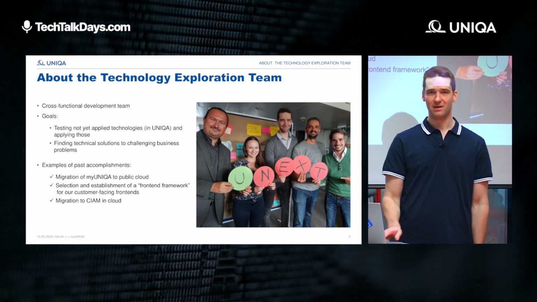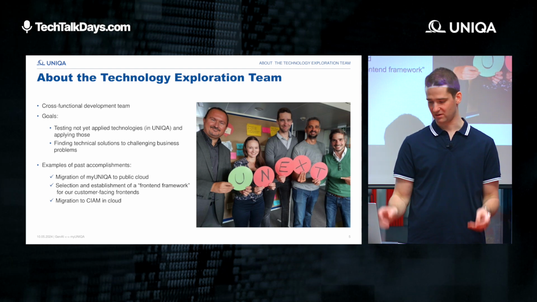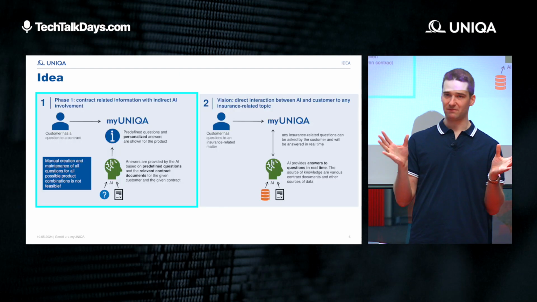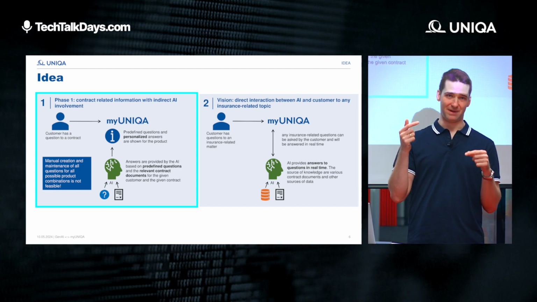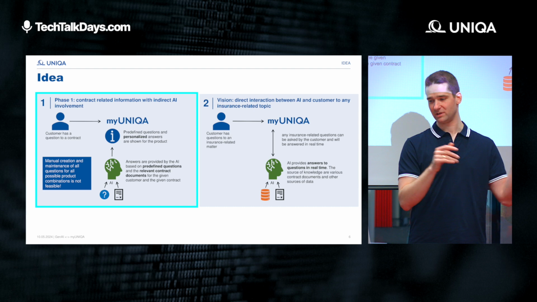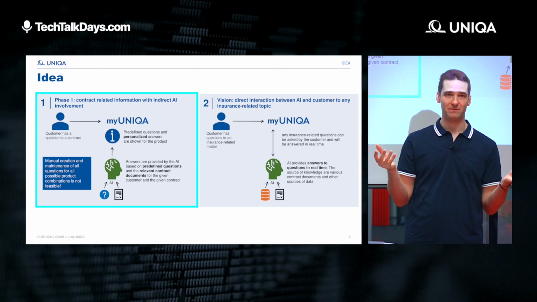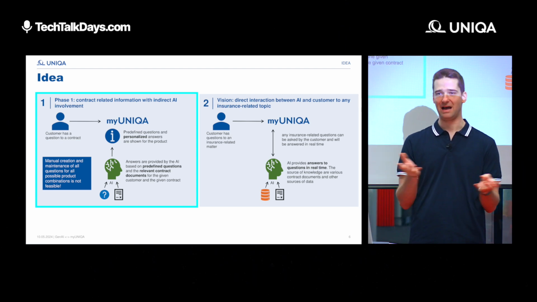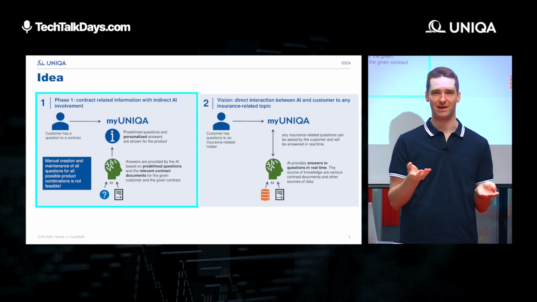So how can we help our customers to better understand the content of their contracts? And that was our overall idea. So we had basically already in mind the bold vision, which is on the right, which you can see. At some point, we want our customers to directly interact with the AI and get answers to any insurance-related topics.